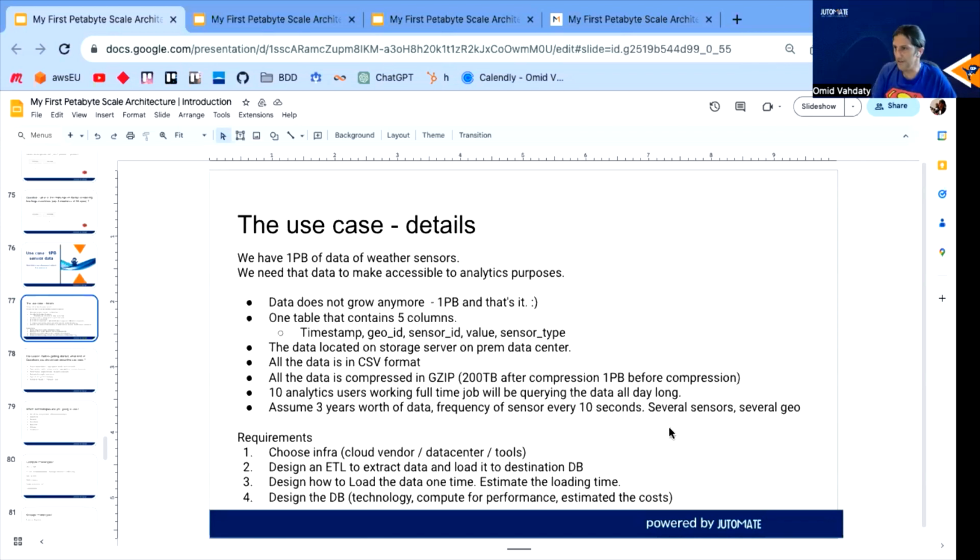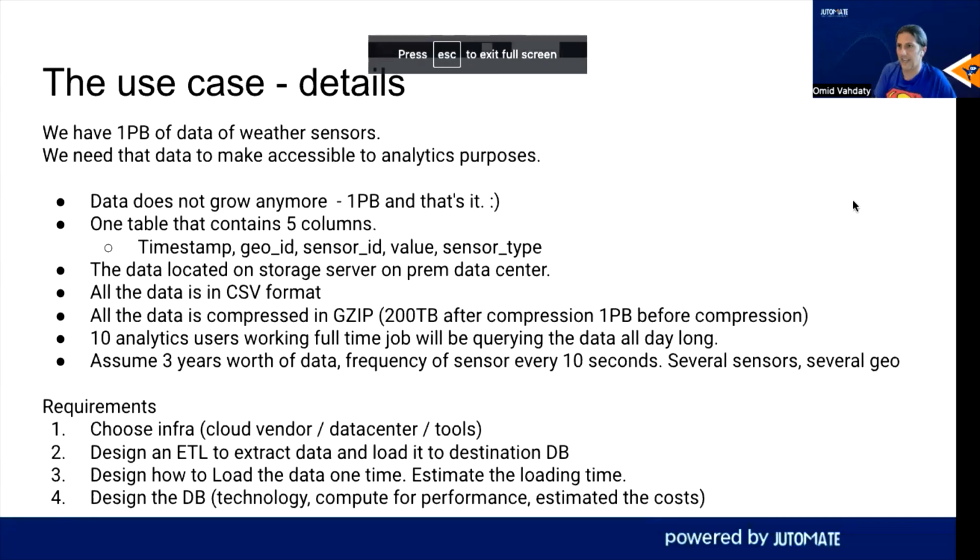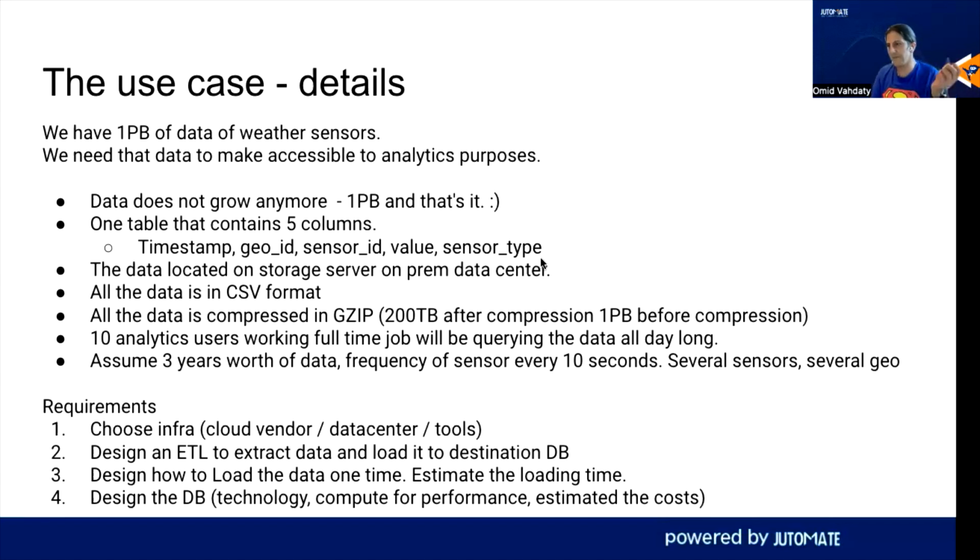So to be precise, the use case I devised is as follows. It's a use case of static data, 1 petabyte of weather sensor data. It's one table consisting of 5 columns, including timestamp, gear ID, sensor ID, value, and sensor type.